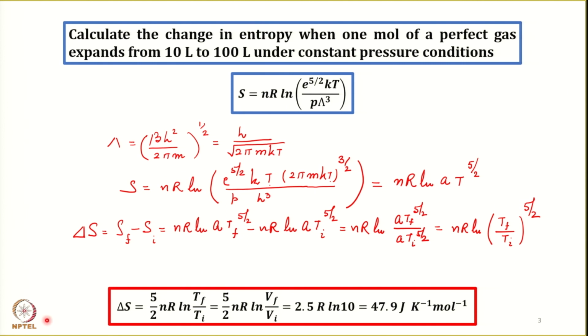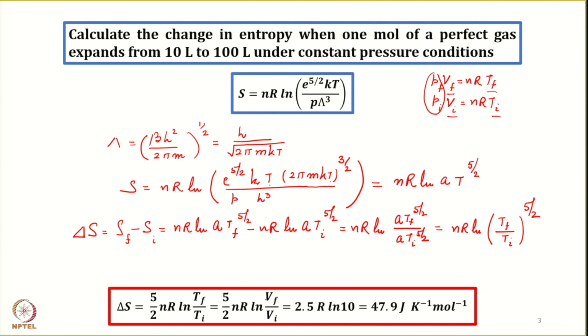Okay. So now, since Pf Vf is nR Tf, and Pi Vi is nR Ti, and if pressure is constant, then Tf by Ti is equal to Vf by Vi.